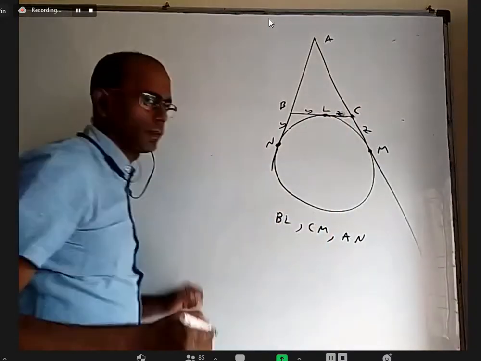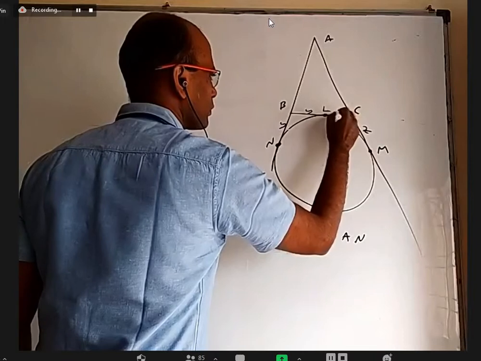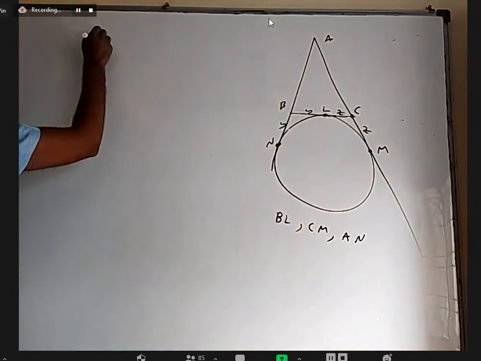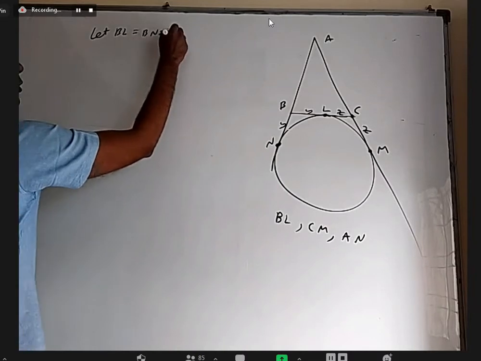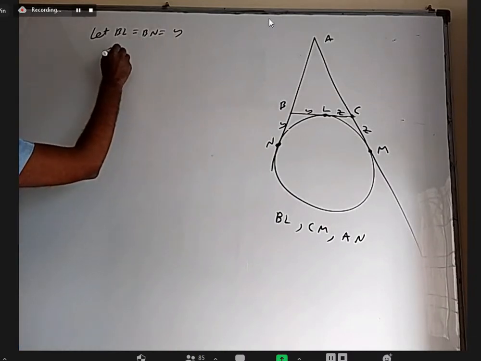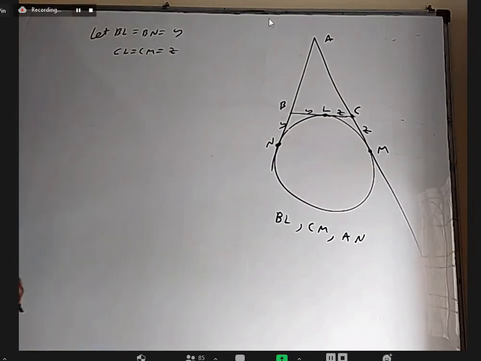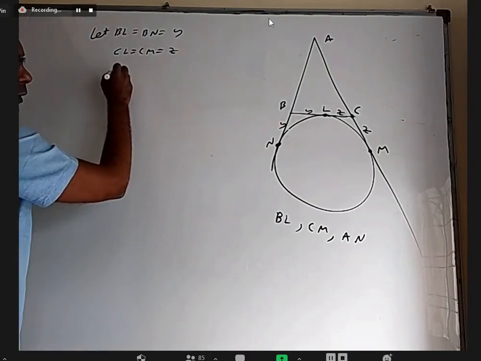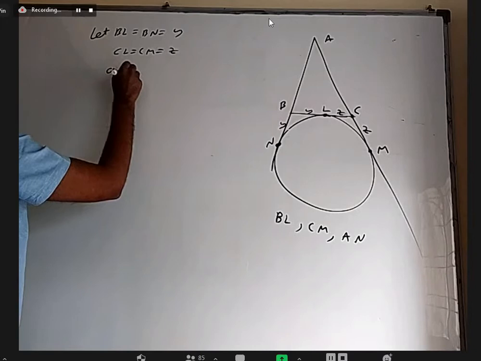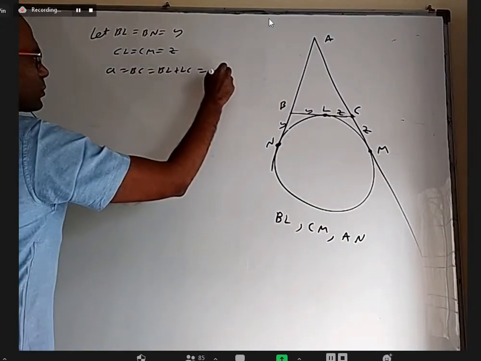Sir, equals s minus b. Okay. Let BL be equal to BN be equal to y. CL is equal to CM is equal to z. I can take x also, but let us see without that. a is equal to BC, which is equal to BL plus LC, which is y plus z.